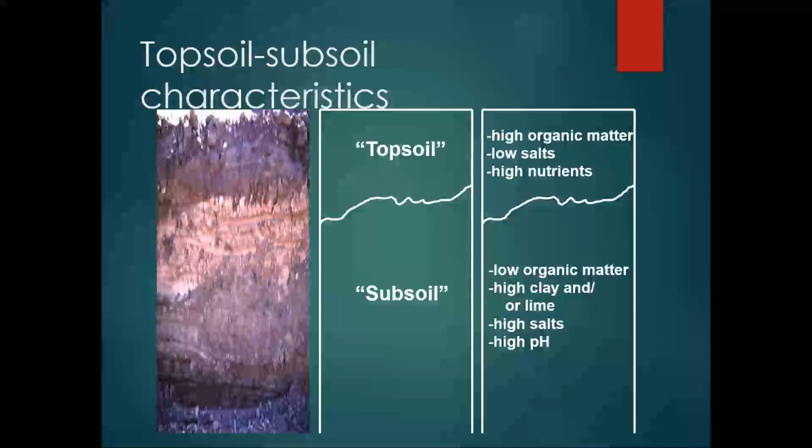In the case of Utah, almost void of organic matter. Higher in clay, in lime, especially in our areas. Higher in salt content, typically higher in pH. So, it's not impossible to manage these kinds of properties in the subsoil, but much more desirable to have these properties functioning to our benefit in the surface.